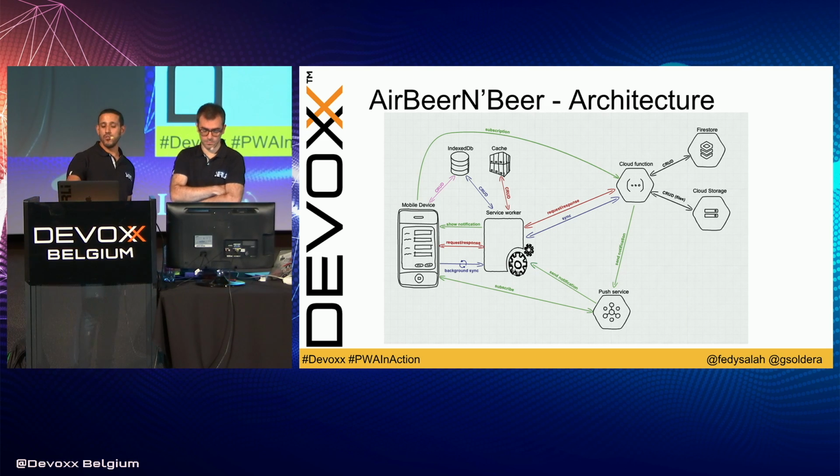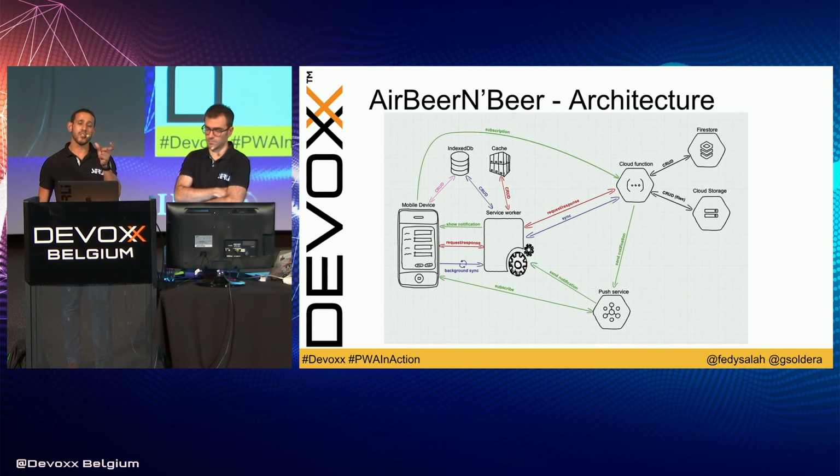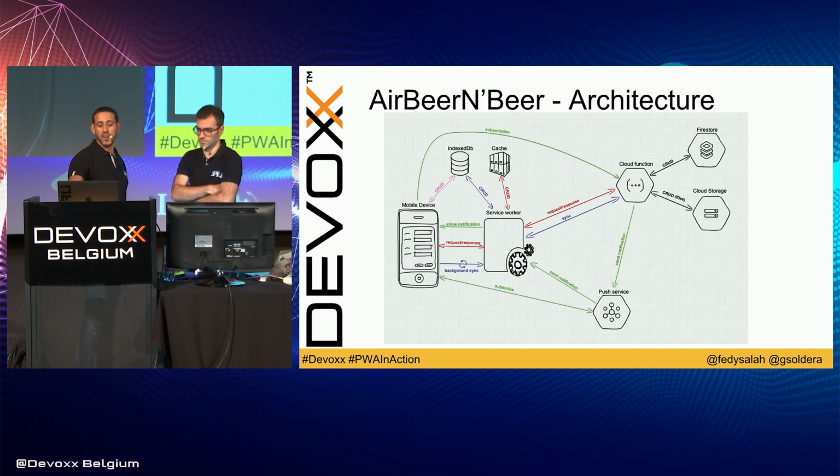We also use a new draft called Web Push to provide a service to send us notifications. And we also use IndexedDB on the client side, and also CacheDB. We also use React to build the UI.